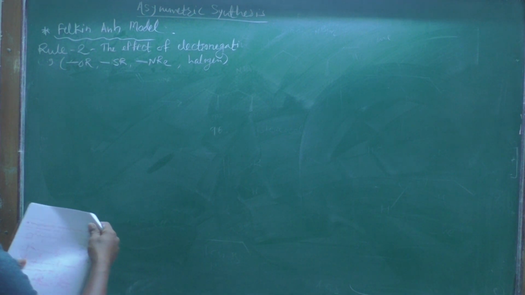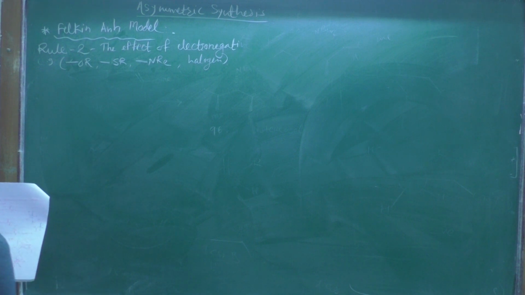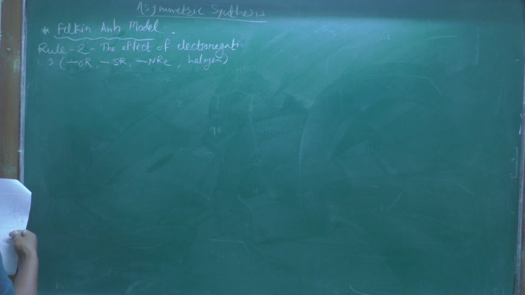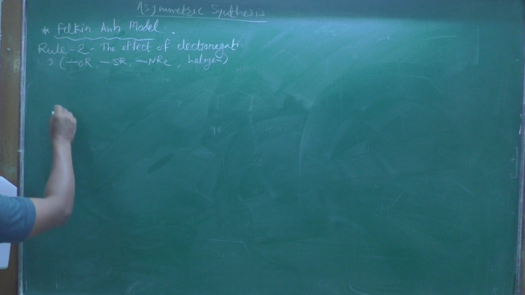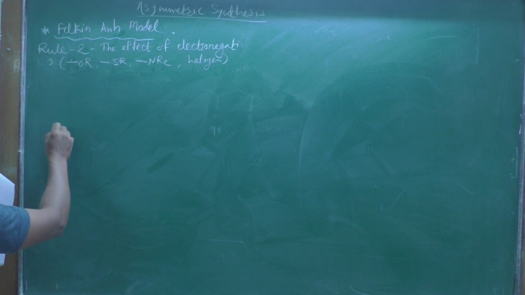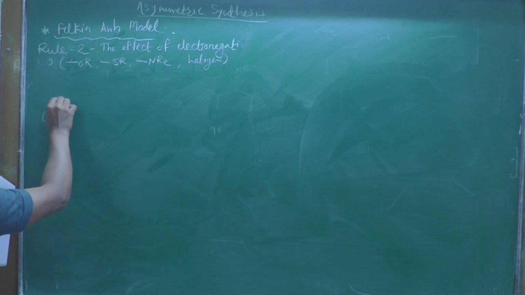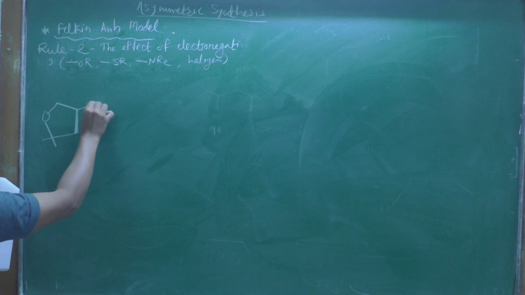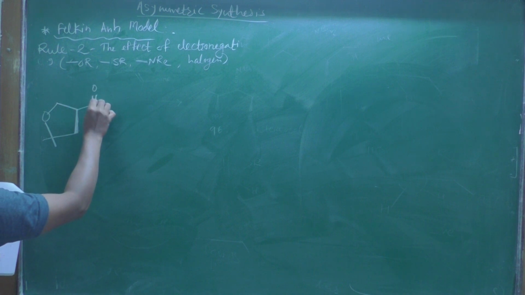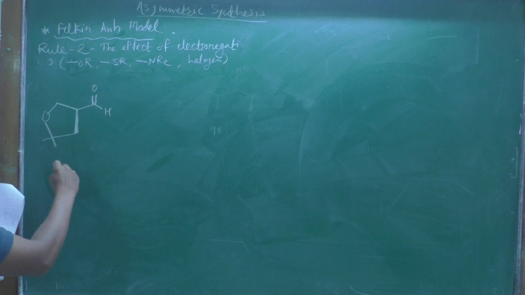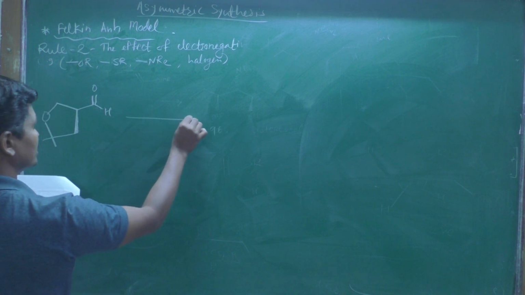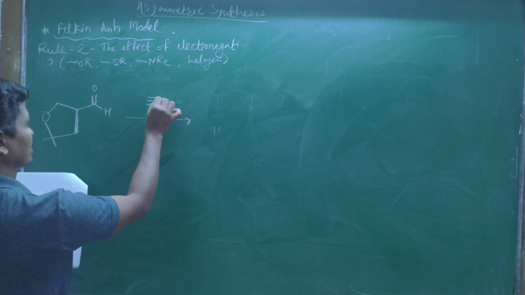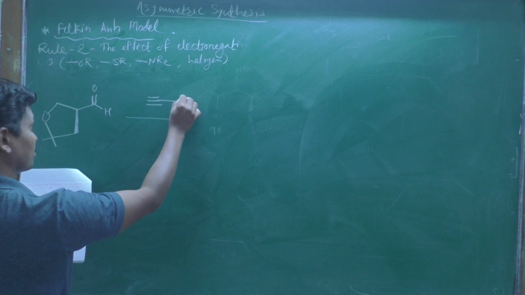Then this is a cyclic chiral center. CHO, so this is an aldehyde, and the nucleophile is the alkynic carbon atom, terminal alkynic carbon atom R.